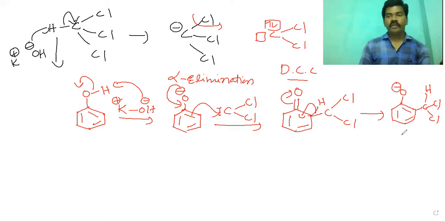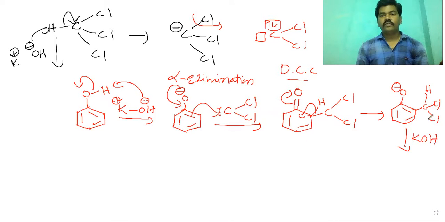Now what happens here actually? It is treated with the basic medium, KOH. Chlorine is eliminated as KCl. Now the carbon valence is reduced, so an OH group is attached to this carbon, and one chlorine is present on this carbon.